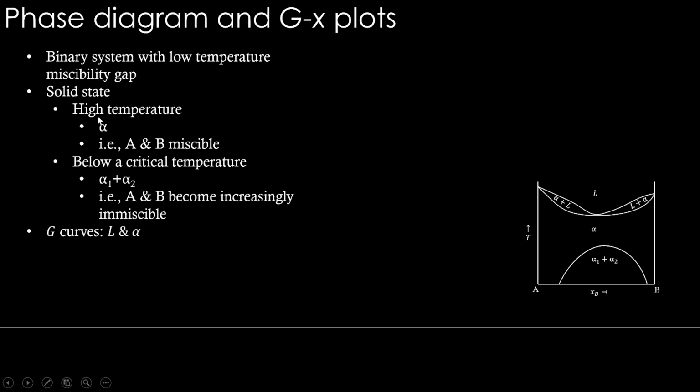So in solid state, at high temperature we have single phase alpha, that is, A and B are miscible, and below a critical temperature, which is this point here, alpha 1 and alpha 2, two phases, are in equilibrium, and A and B become increasingly immiscible as the temperature decreases below the critical temperature. You can see that the tie line will expand like this. It means that A and B become increasingly immiscible.